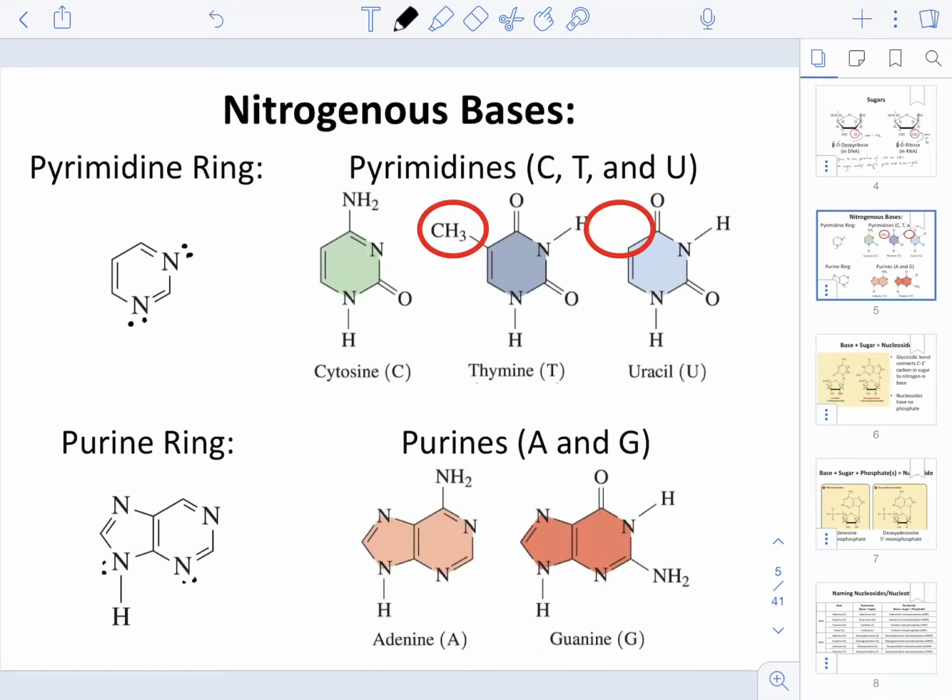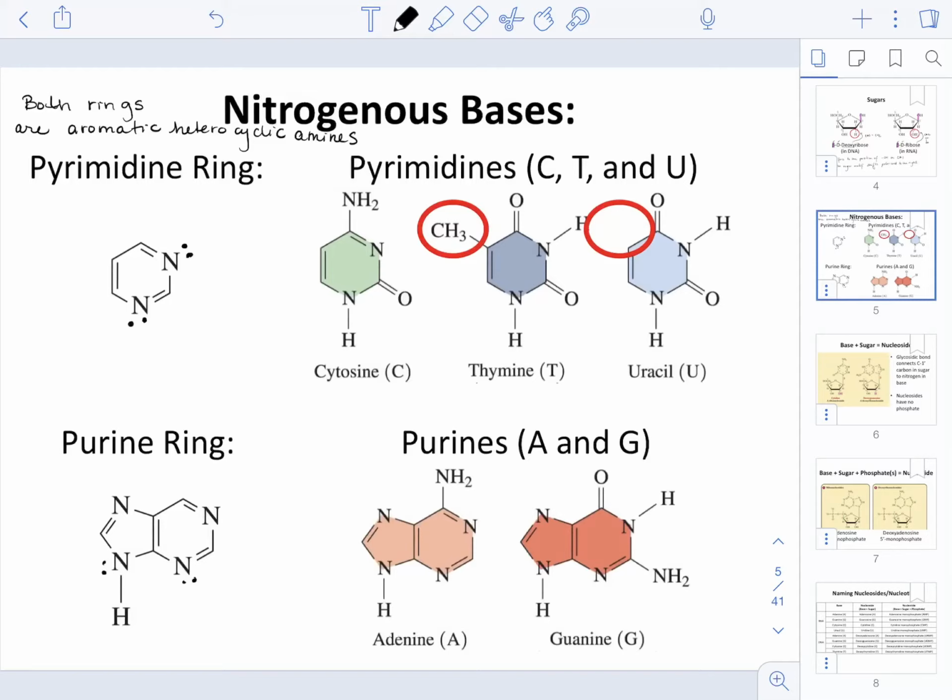One of the chemical features that you should know about these different types of rings is that both rings, if we classify them in terms of the functional groups, are aromatic heterocyclic amines.